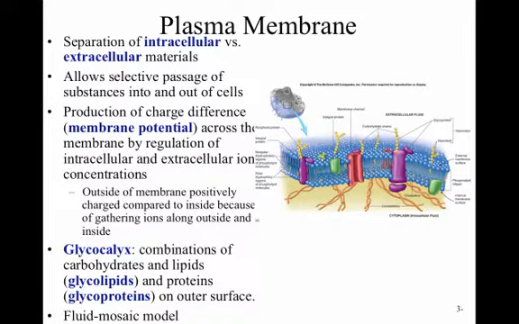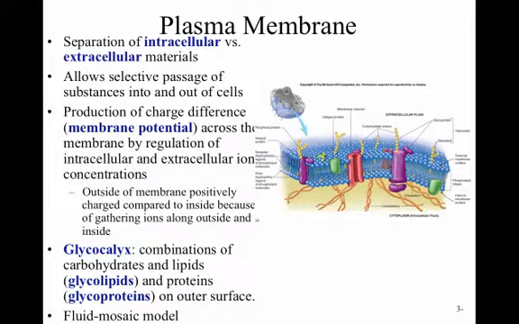So intracellular would be inside the cell, extracellular is outside. It allows for selective passage of substances into and out of the cell because the cell membrane has a polar area and a nonpolar area. It's able to keep some substances out or allow some substances to pass through. And then there's also channel membranes that allow different ions and molecules to pass through.